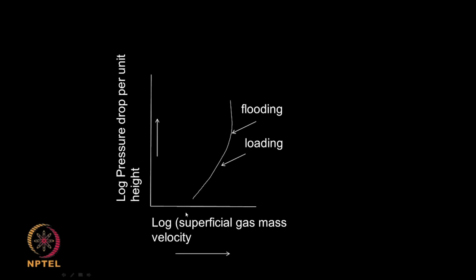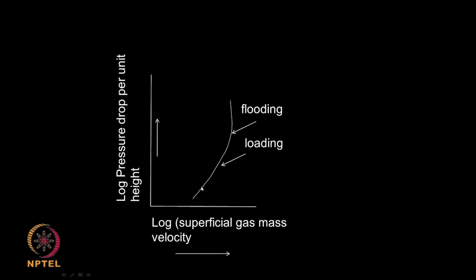You can keep on increasing the flow rate of the gas, but you cannot do that too much. After some time the gas velocity will be so high that it will prevent the liquid from flowing down, and that is called flooding. These are very chemical engineering terminologies.